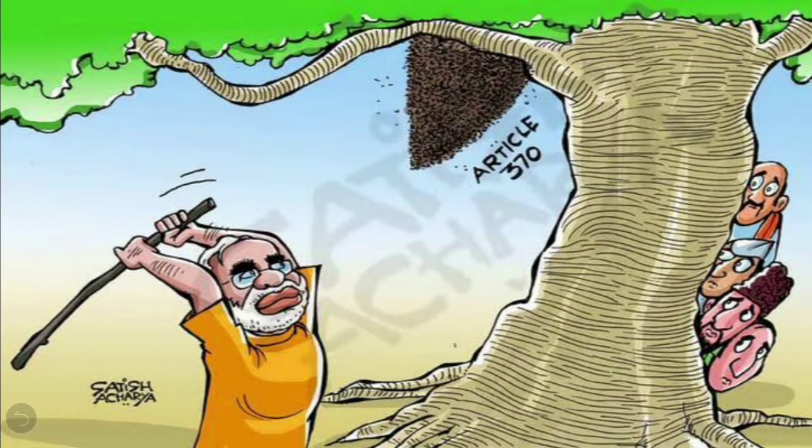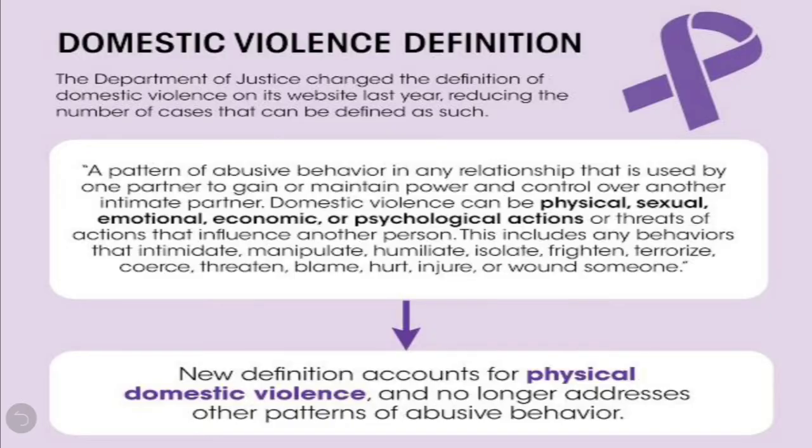Children, we concluded our last class with the explanation of Article 370. I hope you still remember what Article 370 is, as it is very, very important. Now today we are going to start with another topic, which is very common especially in our country, India: domestic violence.